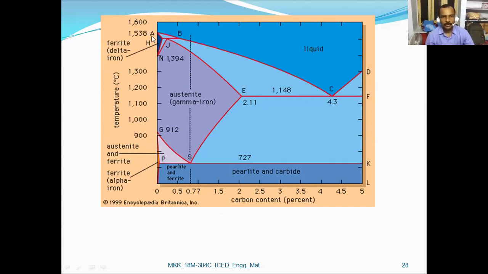Continuously let us see the points A, B, C, D, E, F, G, H, I, J, K, L, M, N. So N is here, O, P.